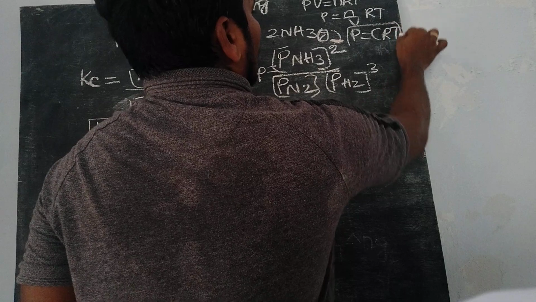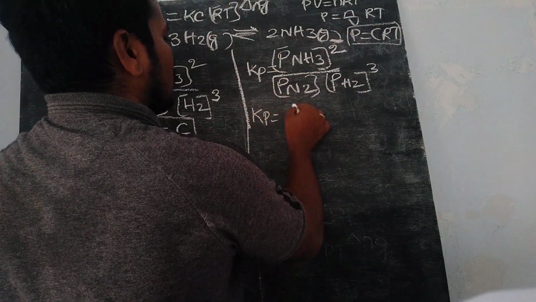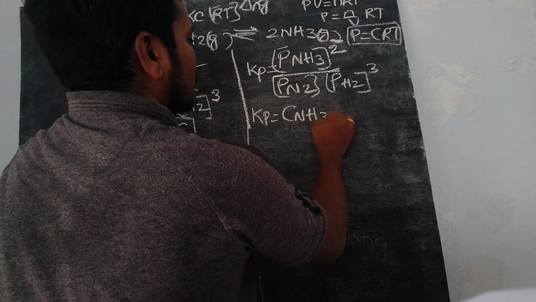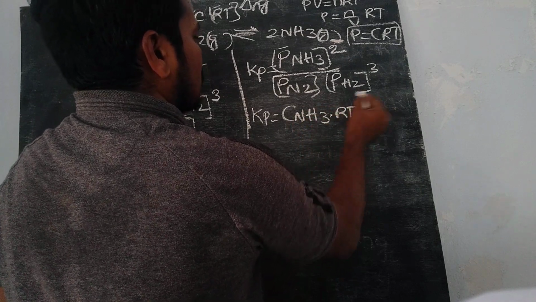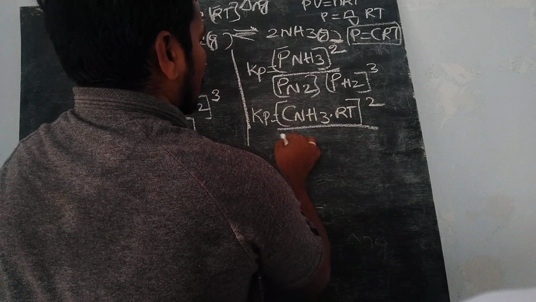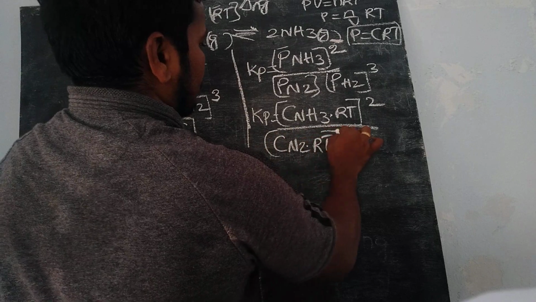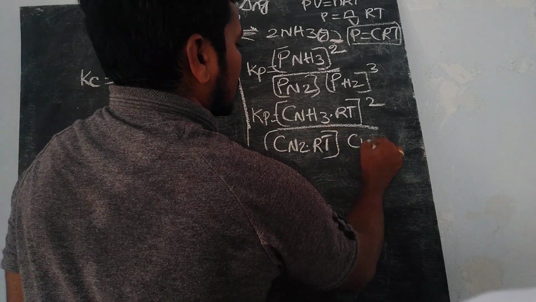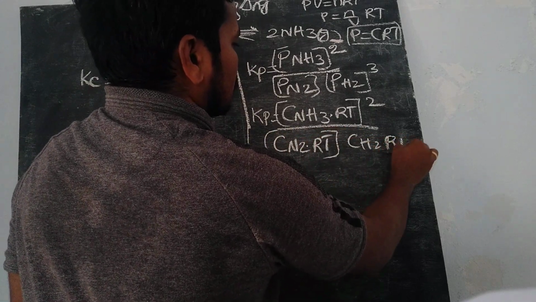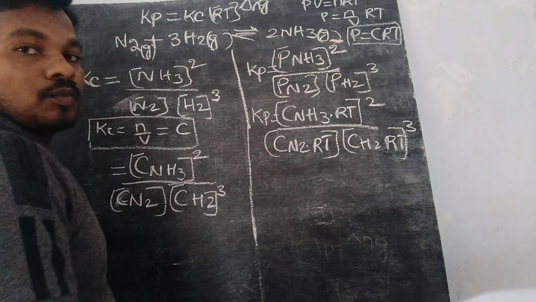So in place of the partial pressure P, substitute CRT. Kp equals (concentration of NH3 times RT) whole squared, over (concentration of N2 times RT) times (concentration of H2 times RT) to the power 3.